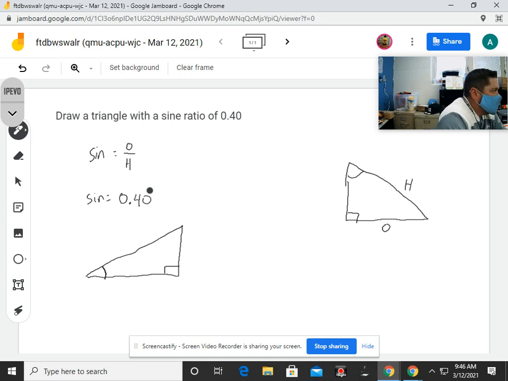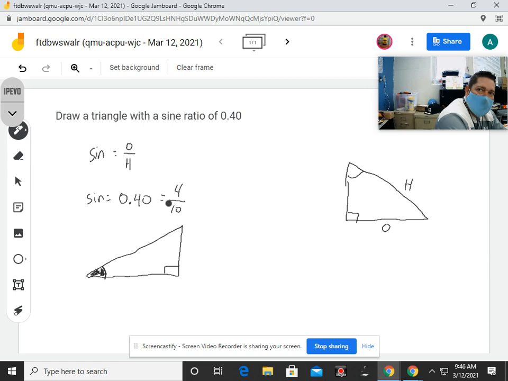So 0.4, what is that as a fraction? 4/10. Good. So all this is saying, when our sine is 0.4, the opposite side is 4, the hypotenuse is 10. Doesn't that make you feel a little dumb? But that's why I like doing it this way, because we realize how easy it really is.